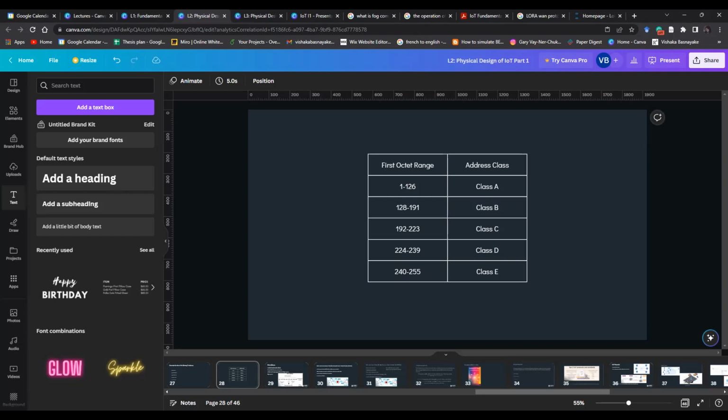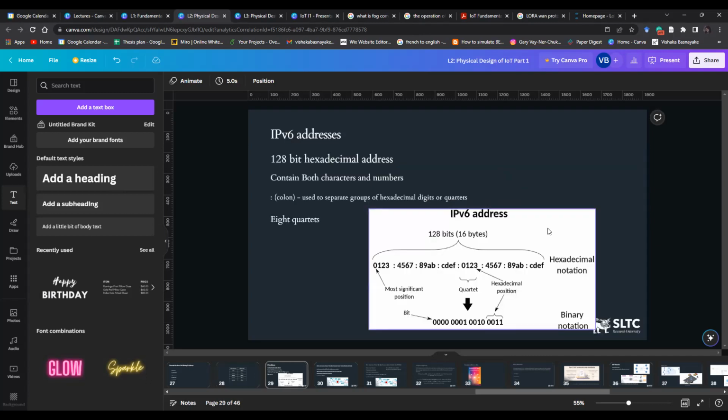Yeah, so the third address is from class B, right? And then we have the fourth one, it is 240, so class E. Then the fifth one is class D. Yeah, it's correct. So we can define each class using the first integer of the IP address.